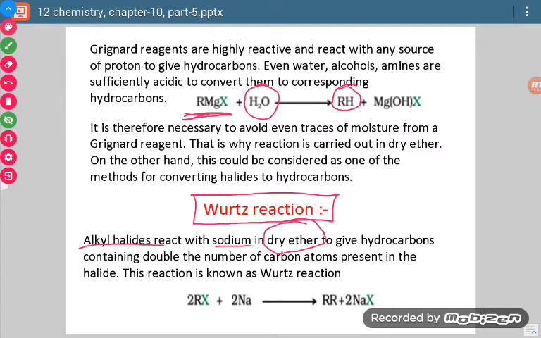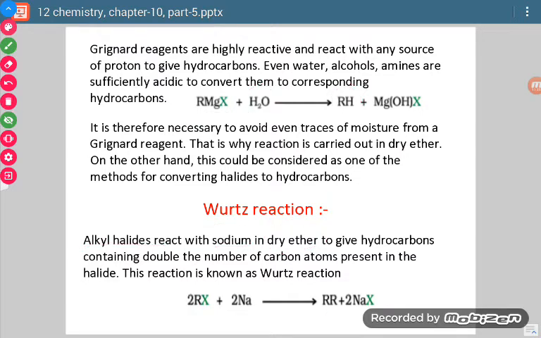Dry ether is taken because Grignard reagent, or we say these alkyl halides, can change into alkene. So to avoid that, we take dry ether, and alkyl halide changes into alkane in the presence of dry ether. So this is a very simple reaction. Alkyl halide, when it reacts with sodium, forms alkane and sodium halide. So this is Wurtz reaction.